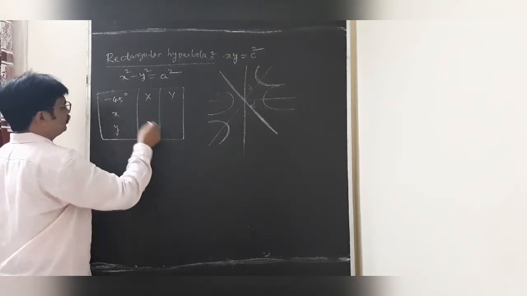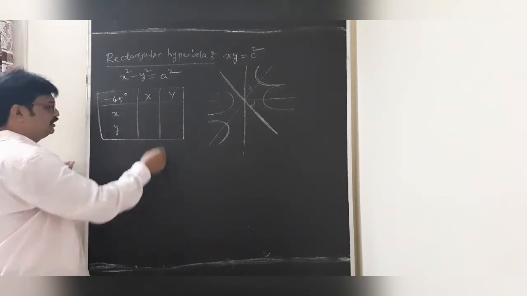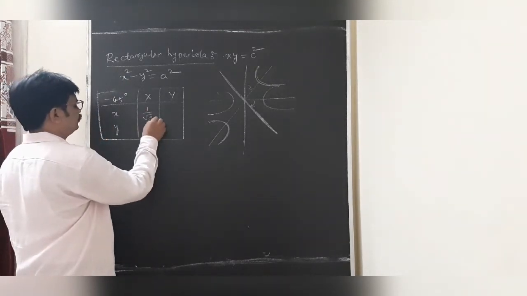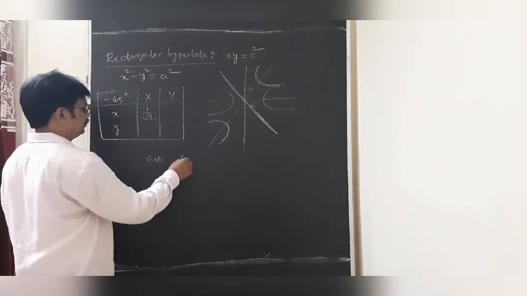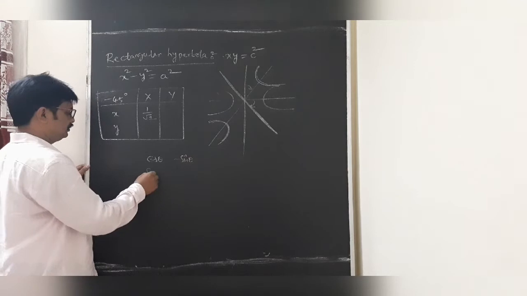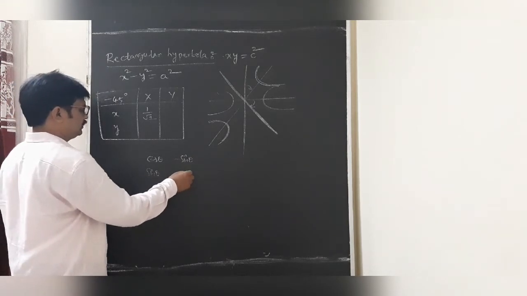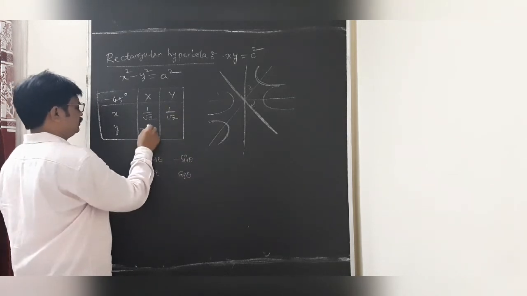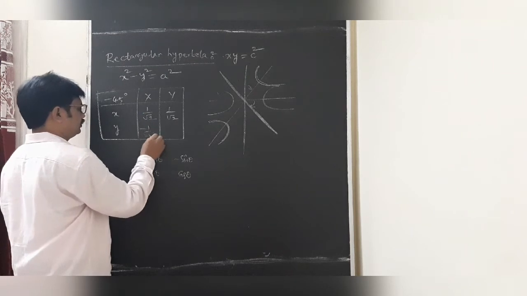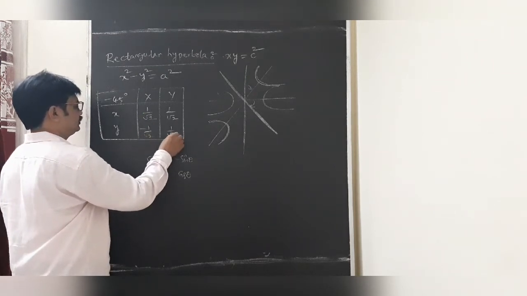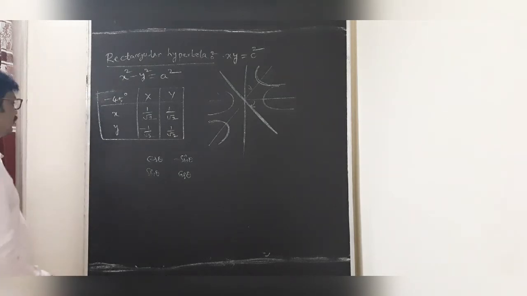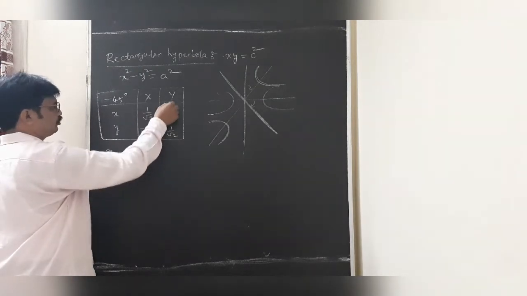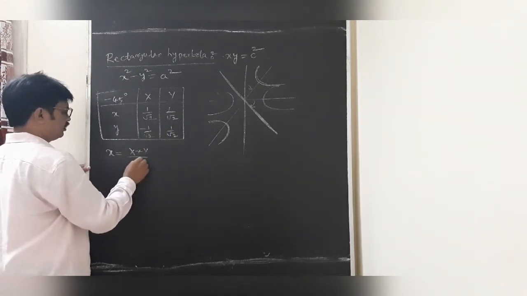So we know the matrix cos theta, minus sin theta, sin theta, cos theta. Cos of minus 45 is 1 by root 2, sin of minus 45 is minus 1 by root 2. So we are getting small x equal to x by root 2 plus y by root 2, that is x plus y by root 2.